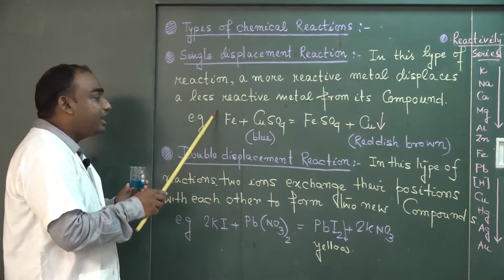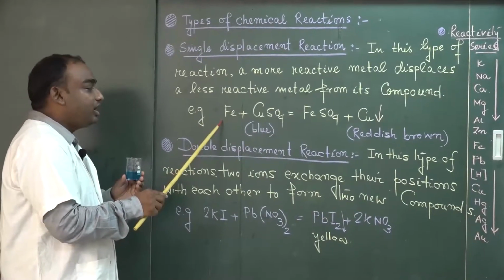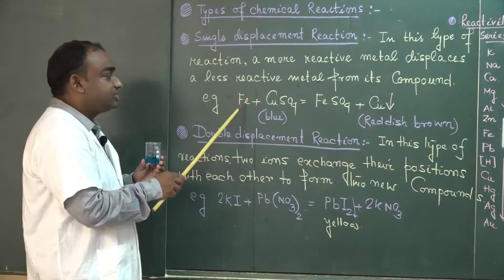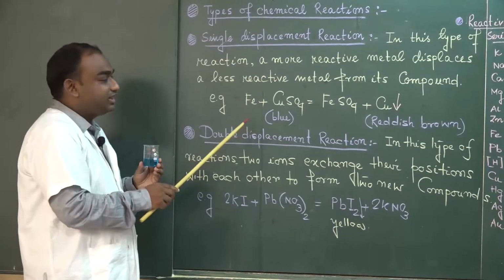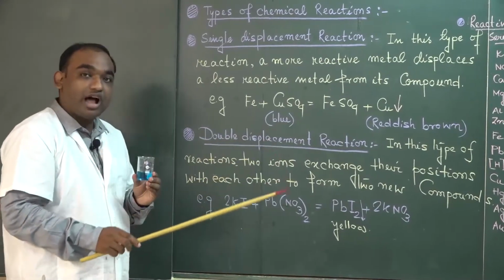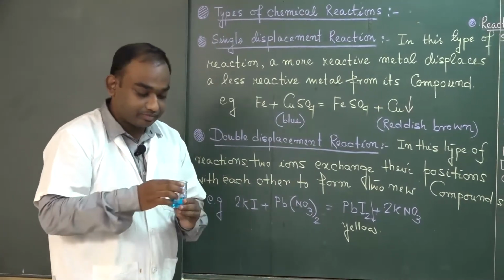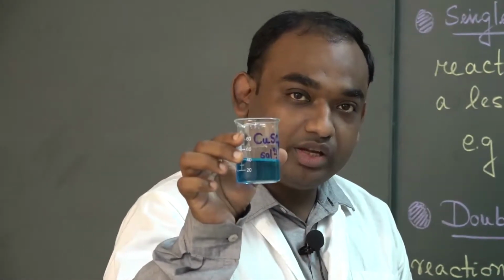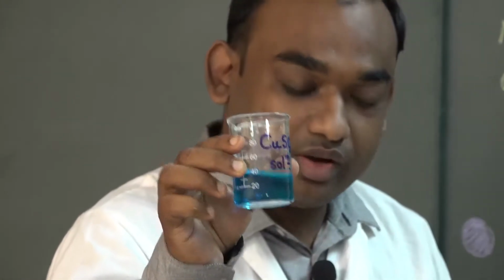Now, this iron, we cannot put in the form of big chunks. Generally, iron will be represented in the form of iron nails. So, students, this is our copper sulphate solution which is blue in color. It is quite clear to us.